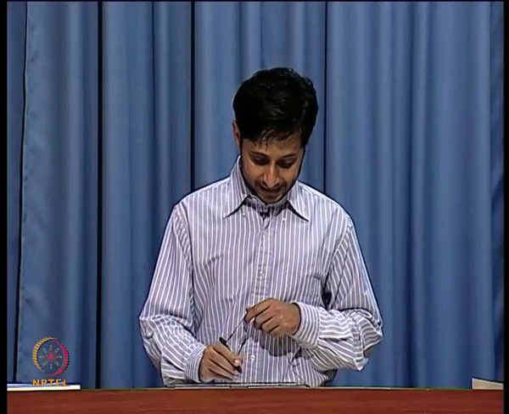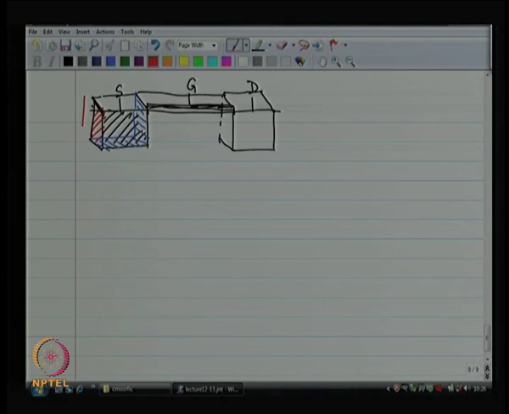So, let us say that this distance is h, the area of the drain is A d, the area of the source is A s, the perimeter of the drain is P d, the perimeter of the source is P s.